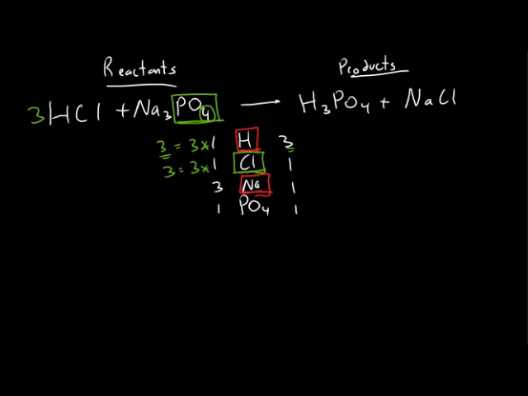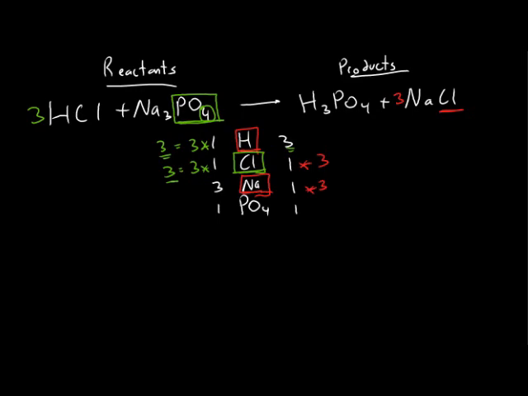So since we now have 3 chlorine on the left, we must get 3 chlorine on the right. The chlorine is located in the NaCl on the right, and therefore we'll need 3 of those to give us 3 chlorines. So this will multiply our chlorine by 3, but since sodium is part of the compound, it will also get multiplied by 3.